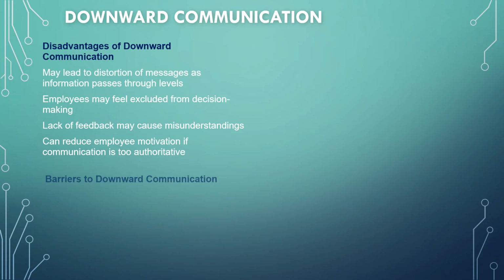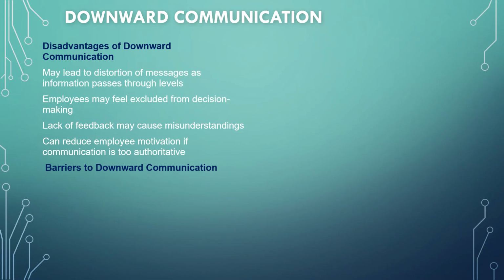So it's important for those in top management to be careful of how they pass information to the subordinates. You have to be mindful of the tone that you use, because if it sounds so authoritative, as if you are a chief commander, you just command and people should do.